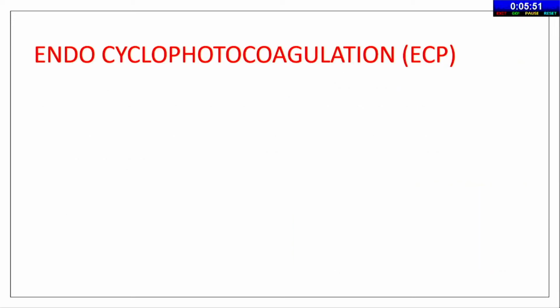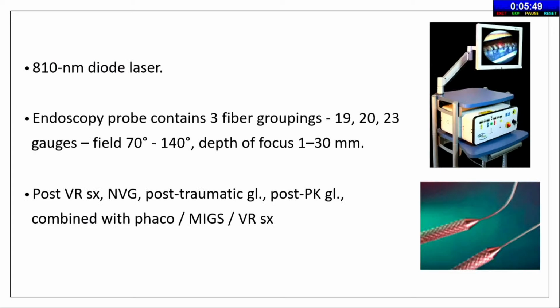And we have the popular ECP nowadays, endocyclophotocoagulation, which is a complete standalone unit. You have the 810 nanometers diode laser, and a video monitor wherein you can actually visualize the ciliary processes. It has different fiber gauges and different probes, a curved probe and a straight probe.